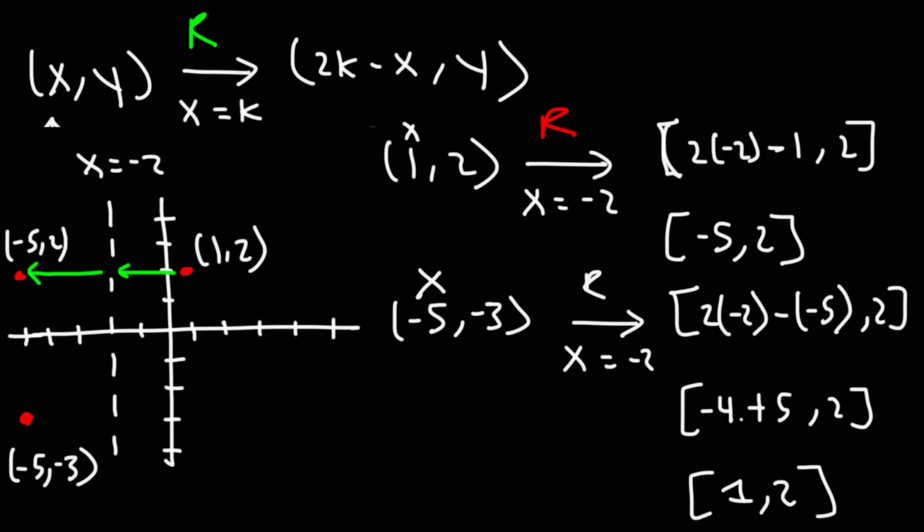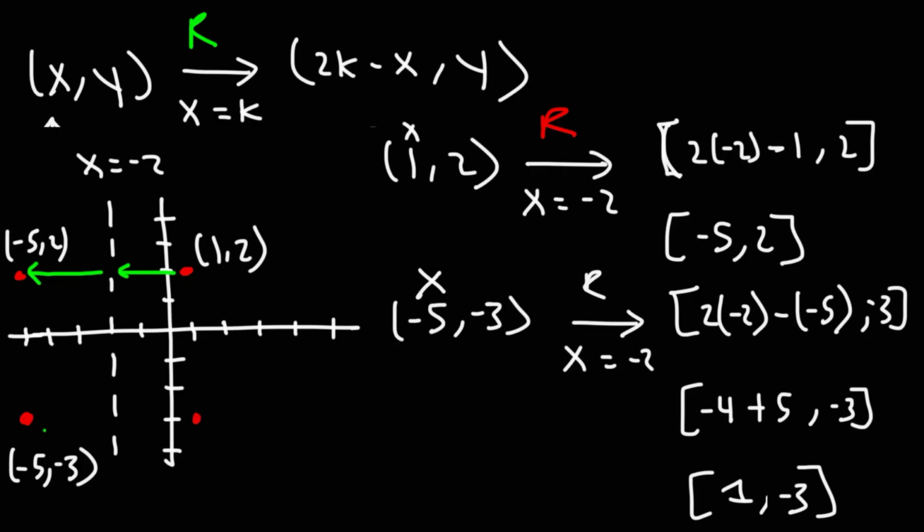Actually, I changed the y value, so the y value should remain -3. I don't know why I did that, but let's correct it. So the y value shouldn't change, only the x value. So the point (1, -3) is right here.